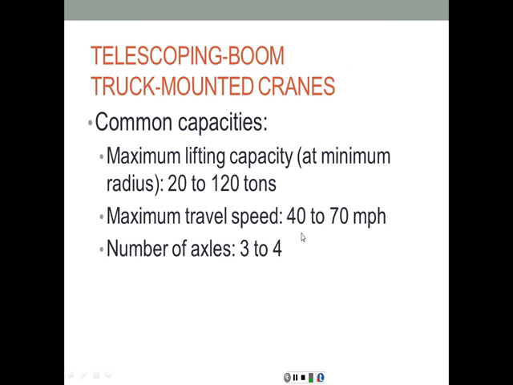Maximum travel speed is 40 to 70 miles per hour. So here's the trade-off: relatively lower load to be lifted by that crane, but higher mobility, because this can travel on highways, so you don't want to waste much time in its transportation. Number of axles is 3 to 4.